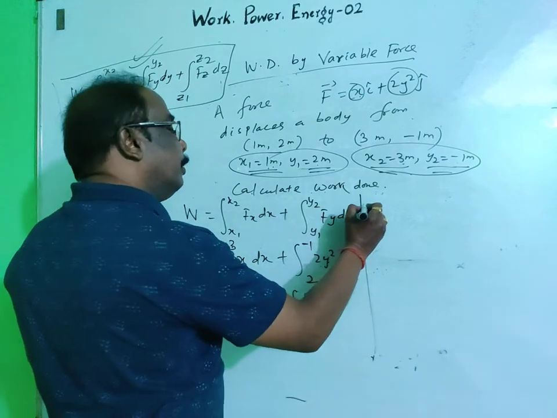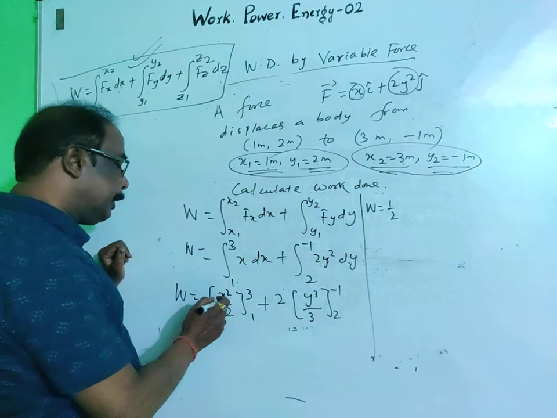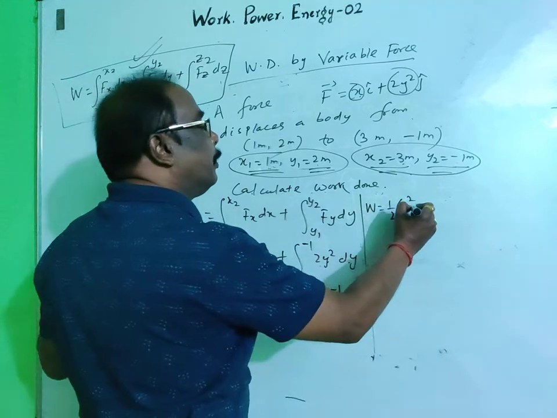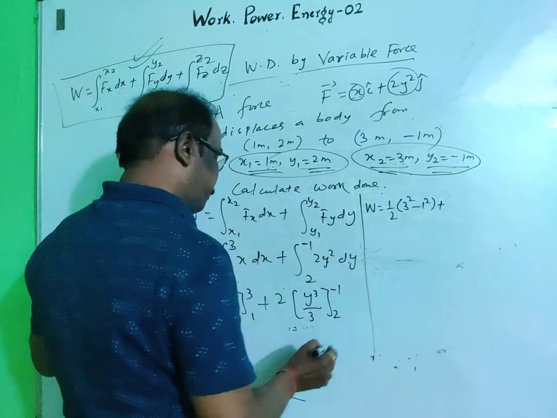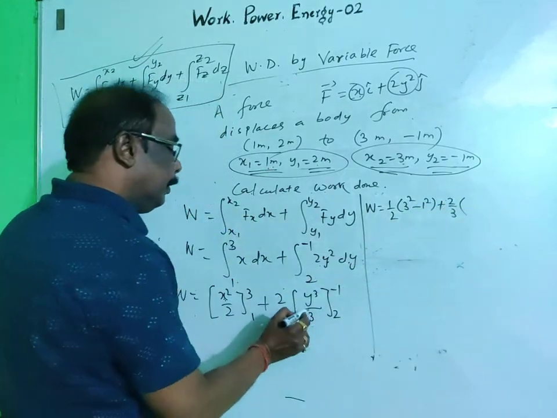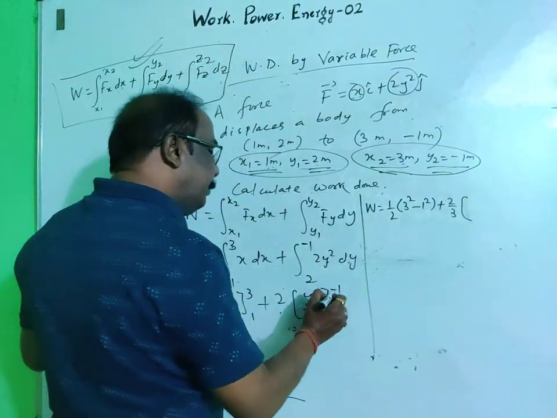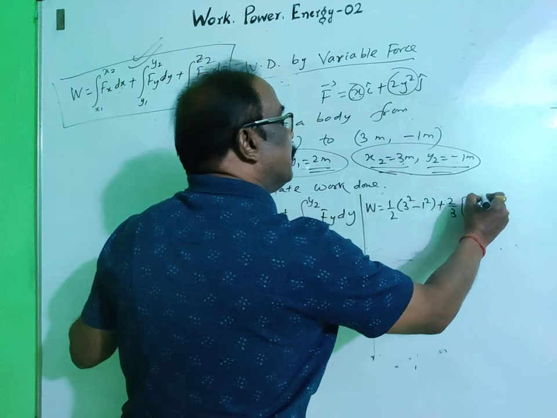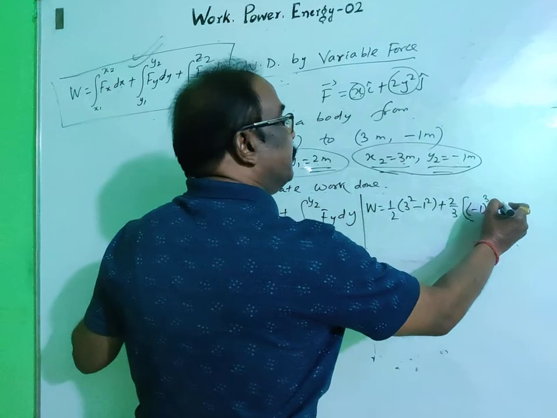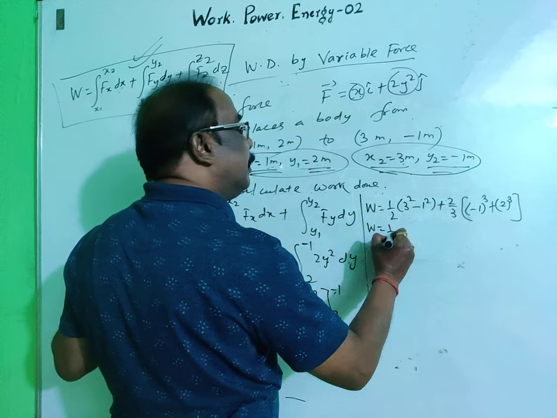Now total work is equal to 1 by 2, bring it outside, x square means upper limit 3 square minus lower limit 1 square, plus 2 by 3, y cube means upper limit minus 1 cube plus lower limit 2 cube. Just calculate it.